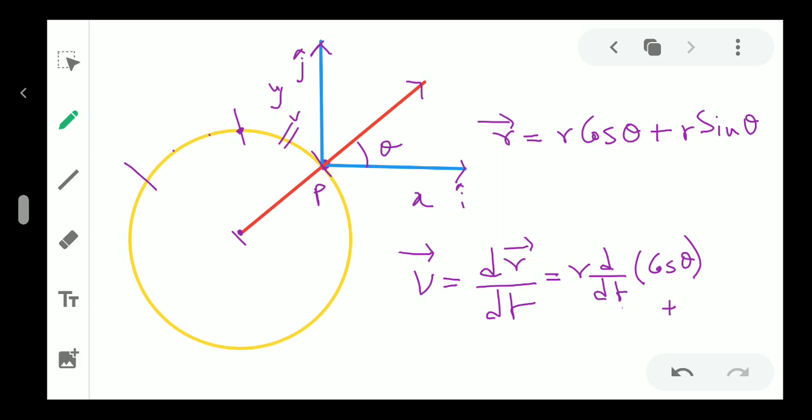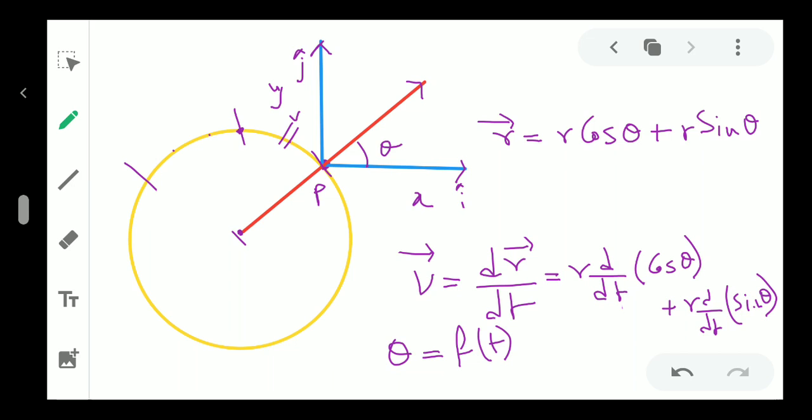And in the next step we will write d/dt of sine theta. Now I cannot differentiate until I express theta as a function of time. That means I have to write theta in terms of time.